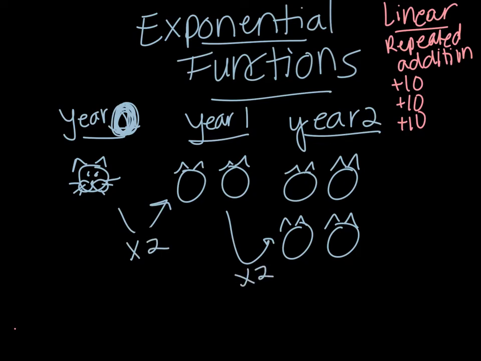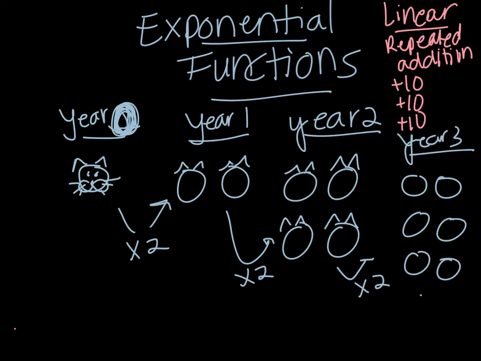So I'm multiplying by 2. So year 3, when I multiply by 2 the 4 cats I had in year 2, I'm going to have 8 cats. So you could see how quickly exponential functions can spiral out of control.